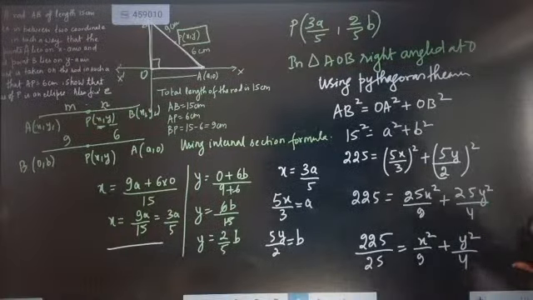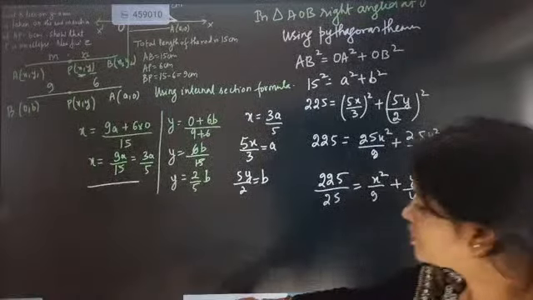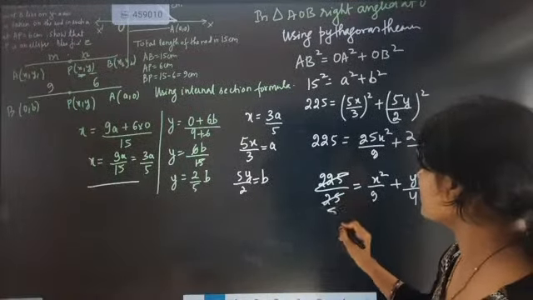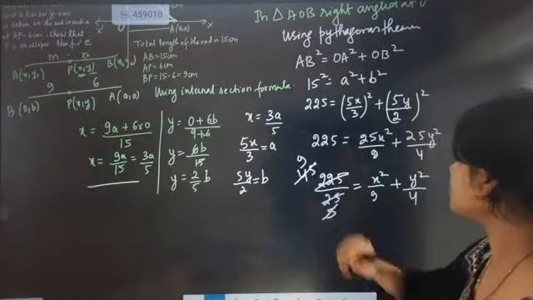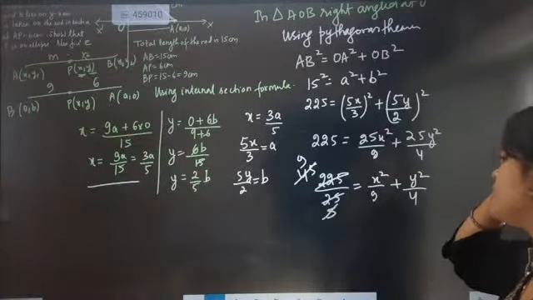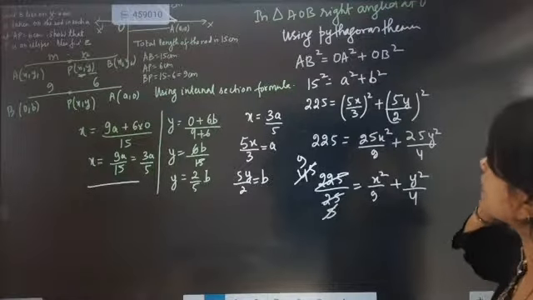Isn't it looking like an ellipse now? So now this part: 5 5s are 25, 5 4s are 20, 45. So 5 9s are 45. 15 square is 225.